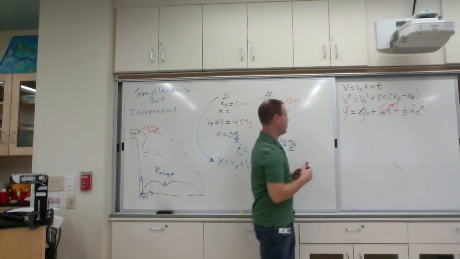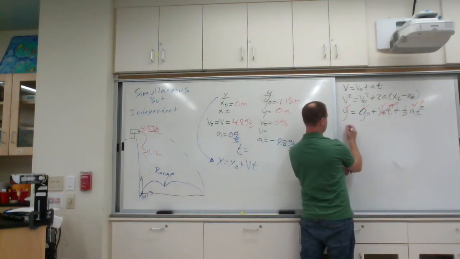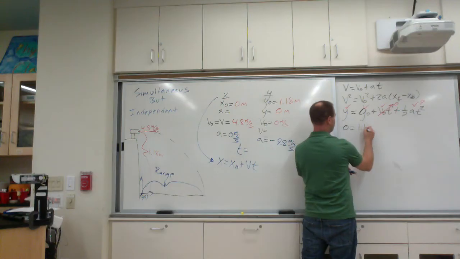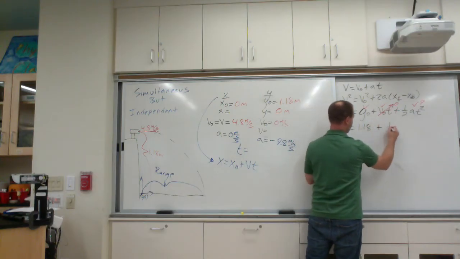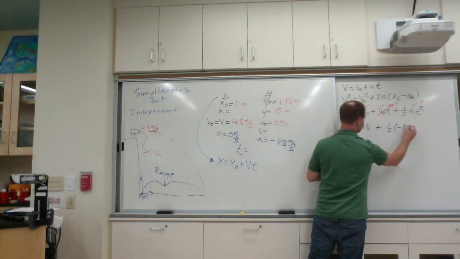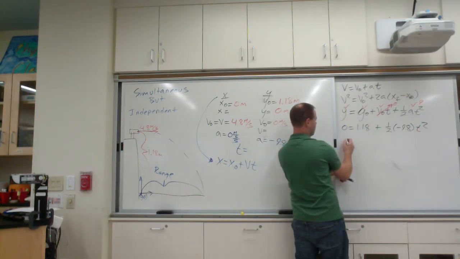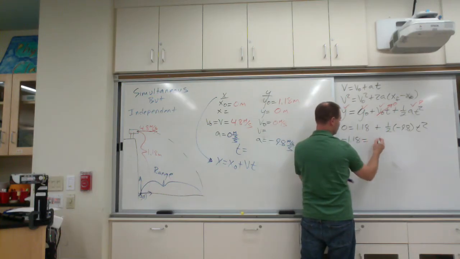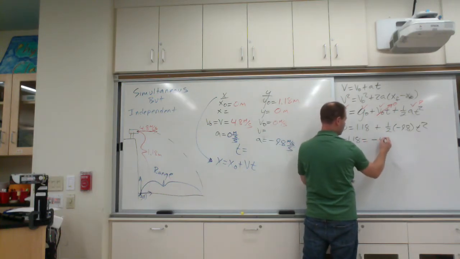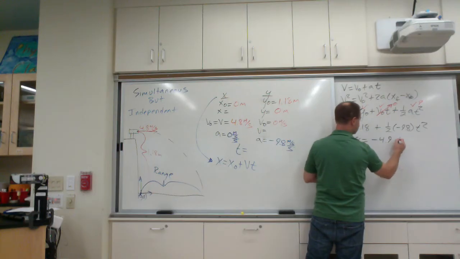So let's go ahead and plug in our values, and we see that 0 equals 1.18 meters plus 1/2 times negative 9.8 times time squared. So this is going to subtract the 1.18 over, so negative 1.18 equals 1/2 of negative 9.8, which is negative 4.9, times t squared.